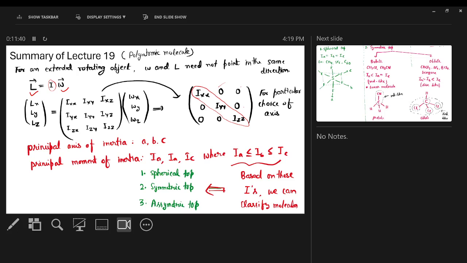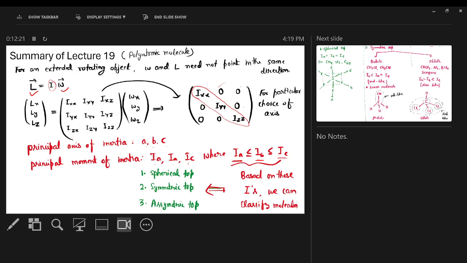From here we also saw that the principal axes of inertia are A, B and C, and the corresponding principal moments of inertia are IA, IB, IC. We also saw in the lecture note, or if someone has not seen, then please refer to lecture 19. There you will find that IA is less than or equal to IB, which is less than or equal to IC. So we have three moments of inertia based on principal moments of inertia.